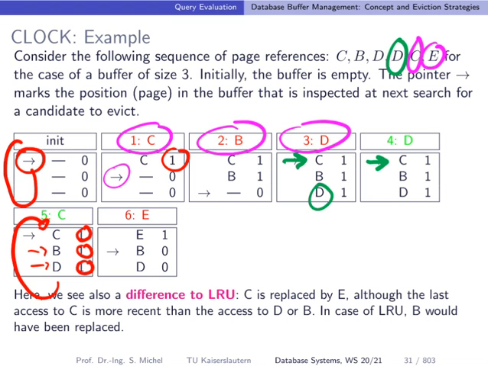And then we found the victim, because C has now a 0 bit, and then this one gets evicted, right? And then E gets inserted. This is now this situation, and this pointer points to the next one to be a candidate for eviction, right? So many things happened between these two situations.